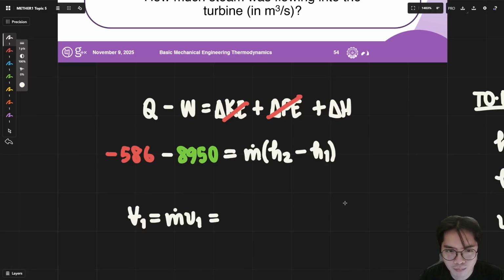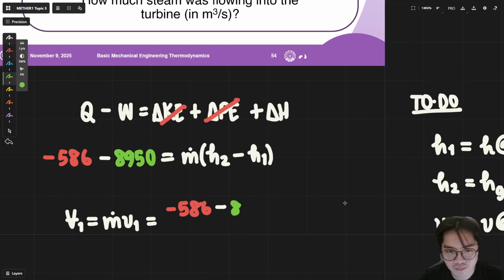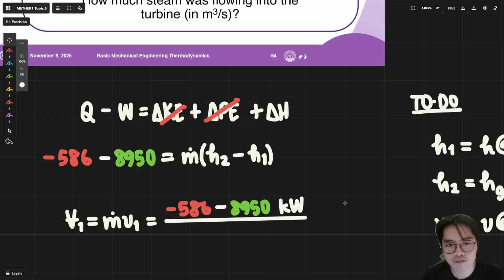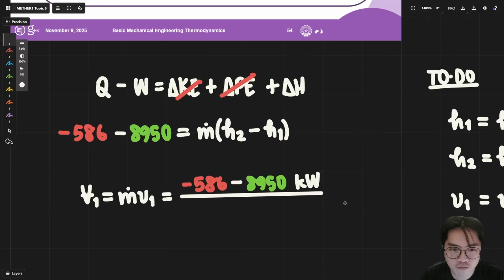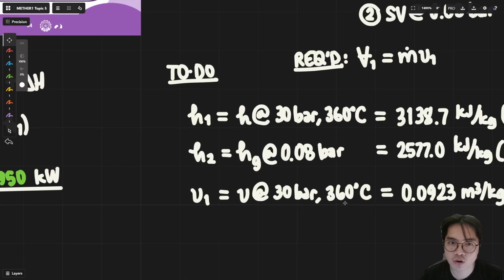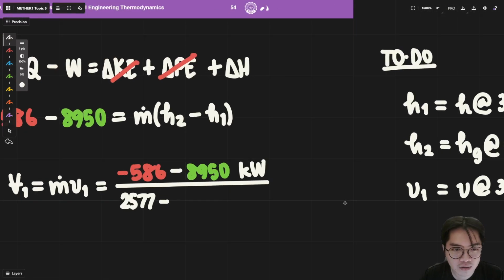How? By just substituting everything. Minus 586, minus 8950, all of that is in kilowatts, by the way, all over your value of H2 minus H1. Your value of H2 is 2577.0 minus your H1 is 3138.7.